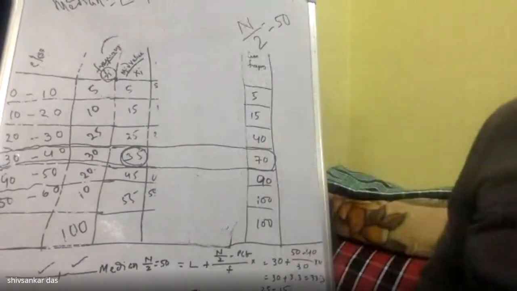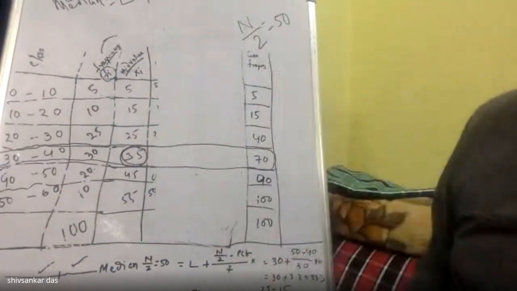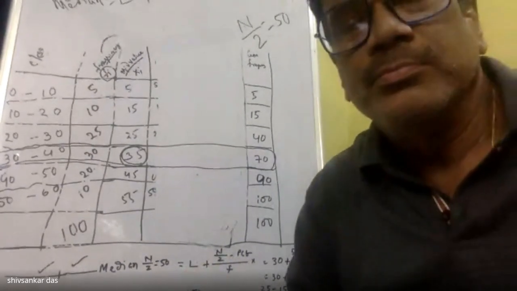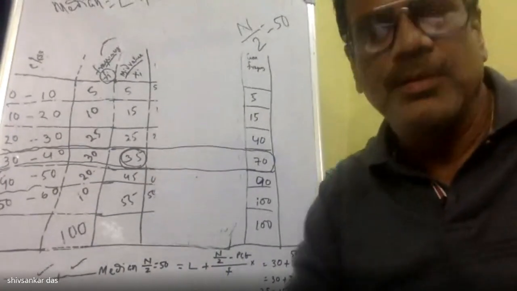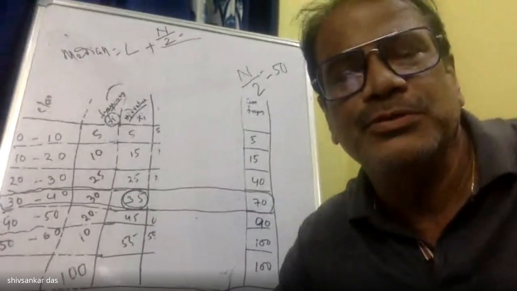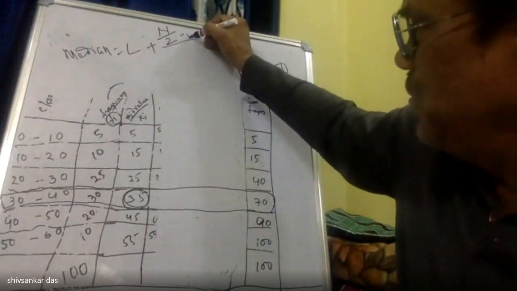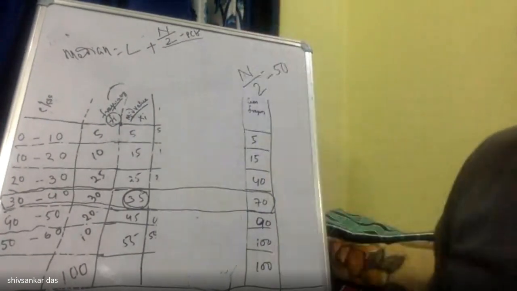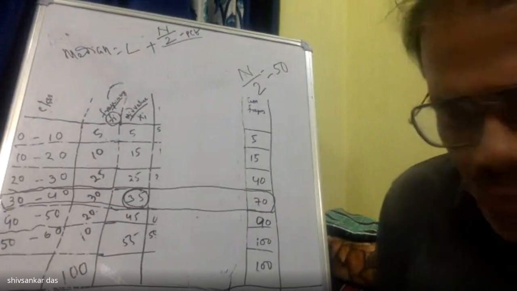L plus n by 2 minus PCF. PCF means previous cumulative frequency.